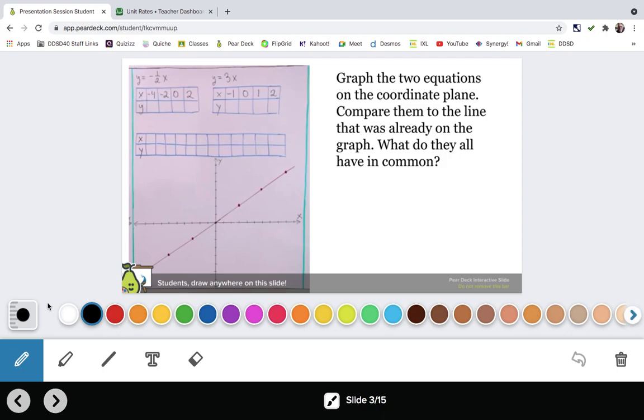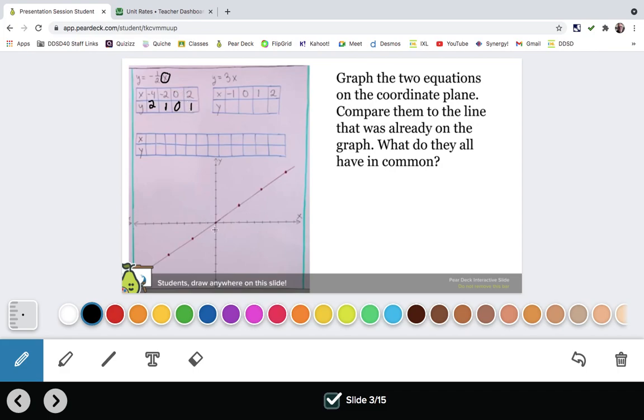And if you replace x right here with all these values, -2, -1/2 times -4 is 2. -1/2 of -2 is 1. 0 times 1/2 is 0. And -1/2 times 2, 1/2 of 2 is 1, and negative times a positive is negative, so that's -1.